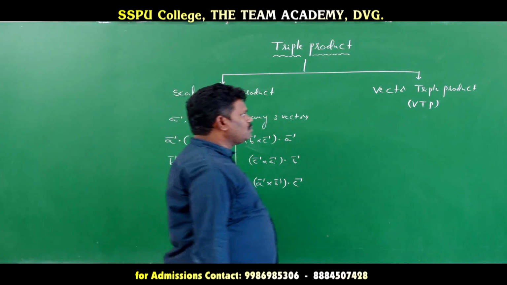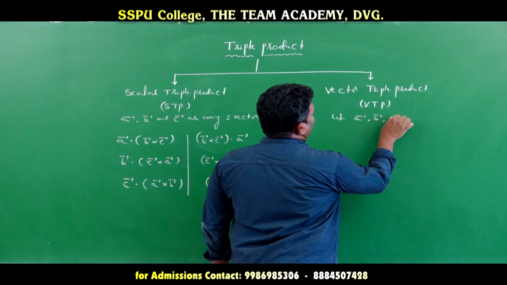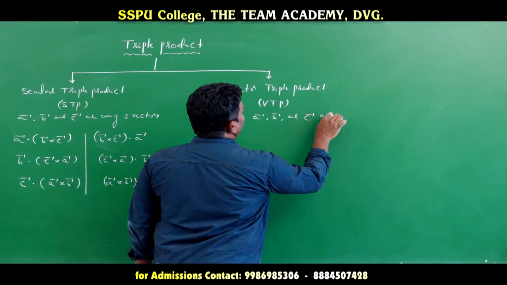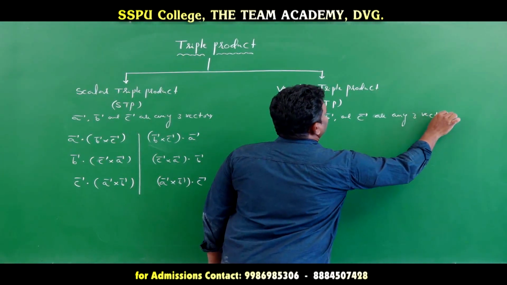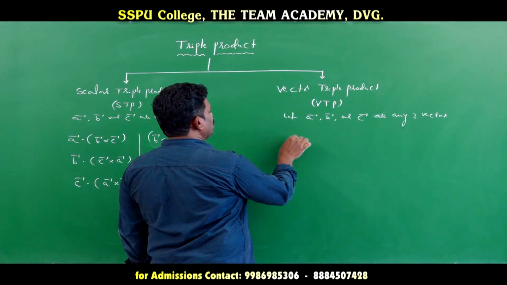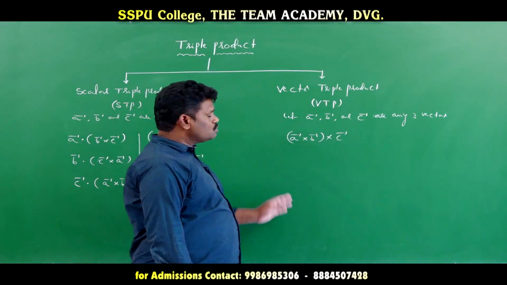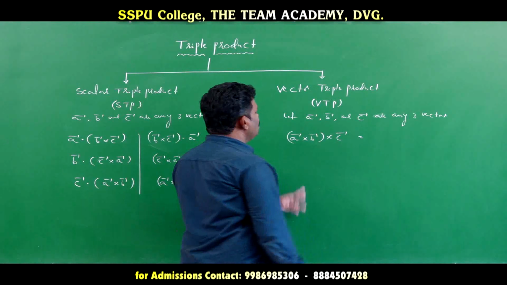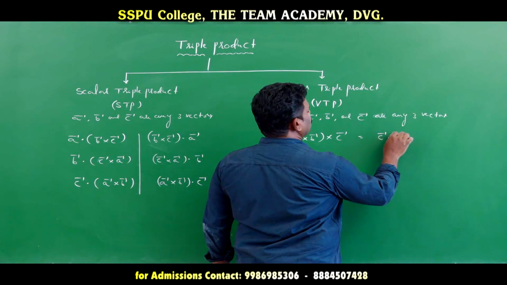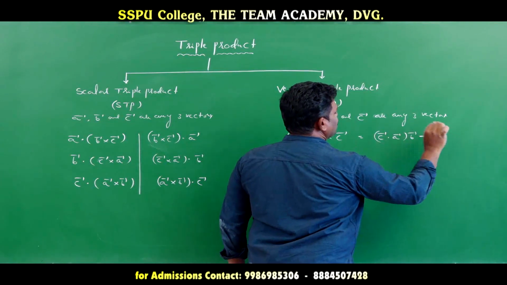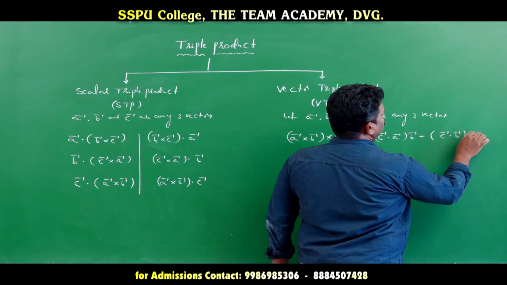Now the vector triple product. Let A bar, B bar and C bar be any three vectors. We express the triple product A bar cross B bar cross C bar. To write this value, remember the rule 1, 2, 3: the third vector dot the first vector, C bar dot A bar, into the second vector, minus the third vector dot the second vector, C bar dot B bar, into the A bar vector.